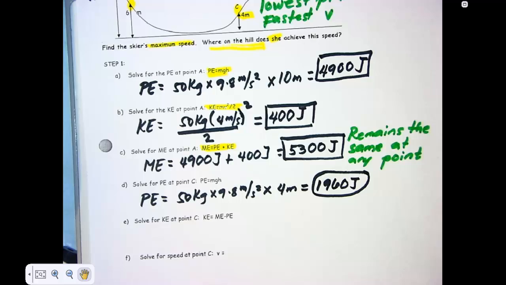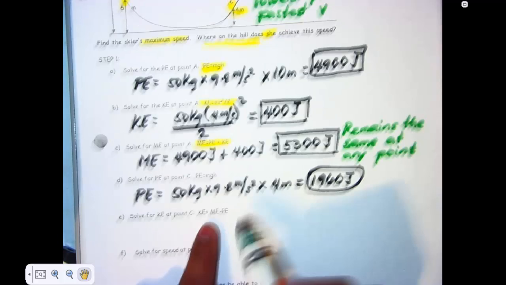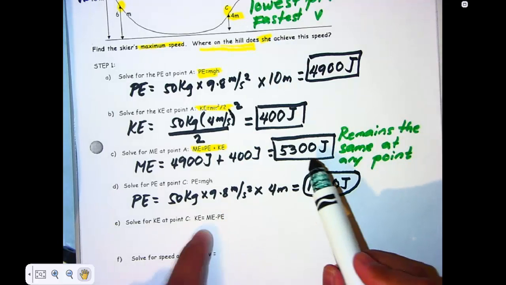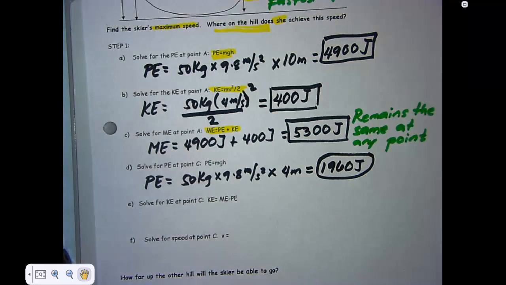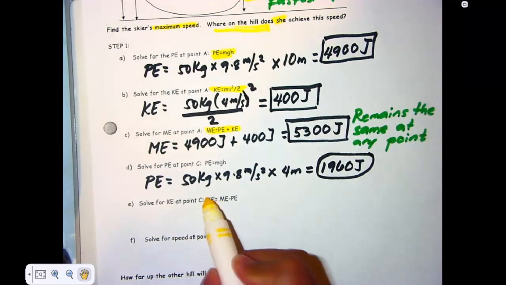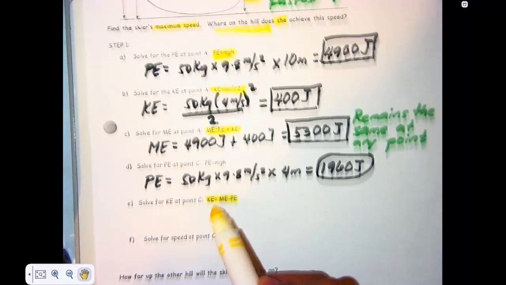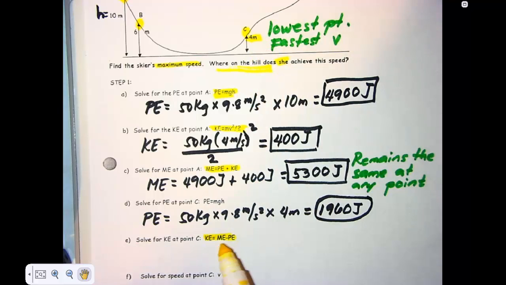Now, since we already know the mechanical energy, at point C it will also be 5300. So you will use this equation here where you subtract the potential energy from the mechanical energy to solve for KE. You only do this if you do not know the speed at that point. In this case, we don't know the speed at point C, but we do know the mechanical energy at that point.